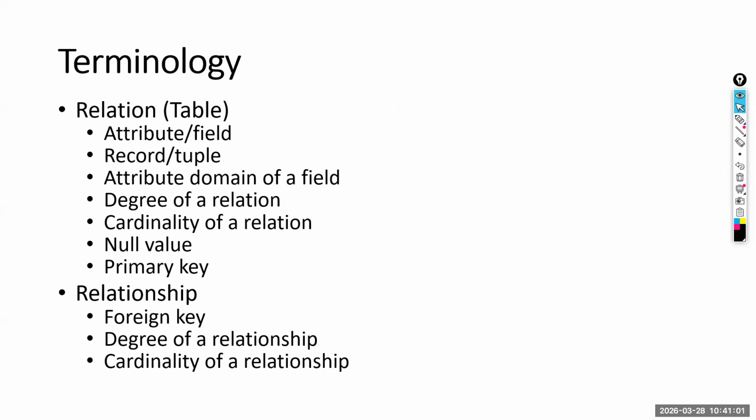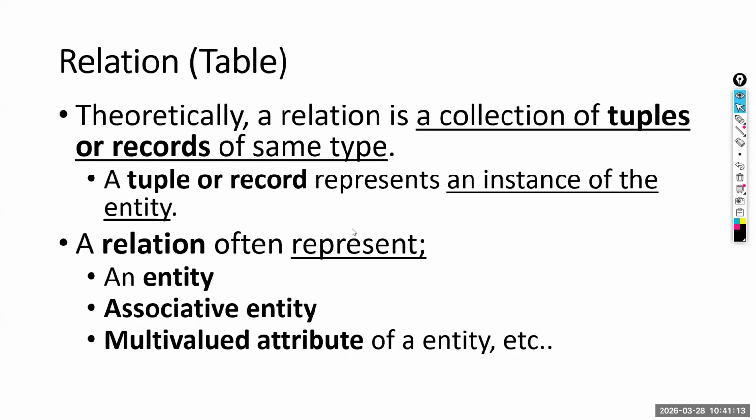And of course, there are some additional concepts we use in design, like primary key and foreign key. So the logical design of a relational database is based on two concepts, relation or table, and relationships.